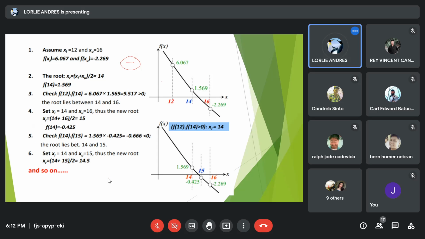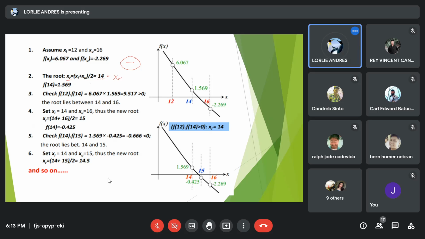So next step is to get the x sub R. Para makuha nimo si x sub R, ang imong buhaton is i-add daw nimo si x sub L plus x sub U divided by 2. And that is now equivalent to 14. So meaning your x sub R is equal to 14. This one is during the first iteration process.